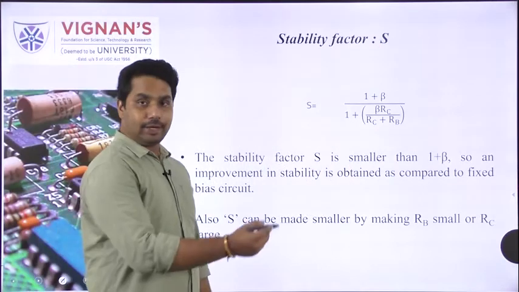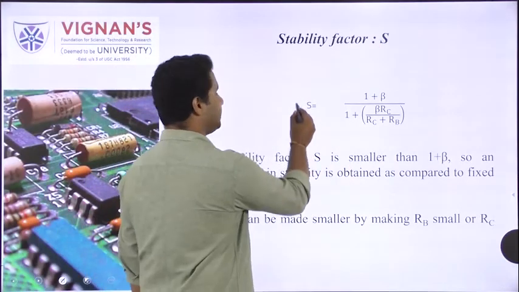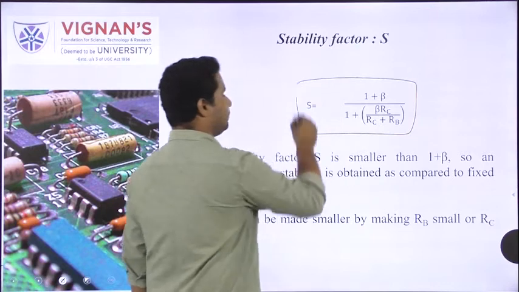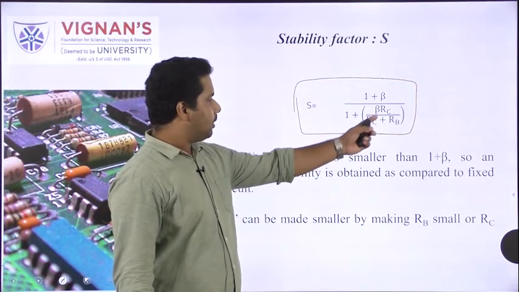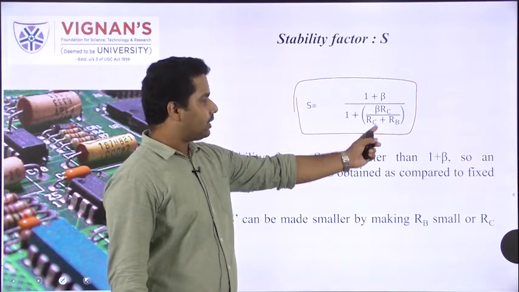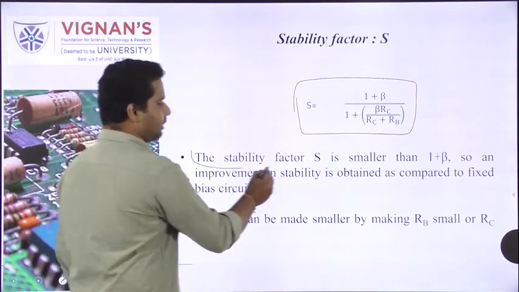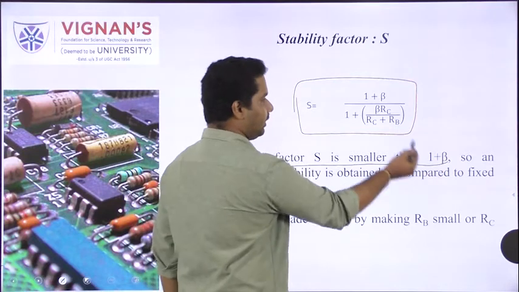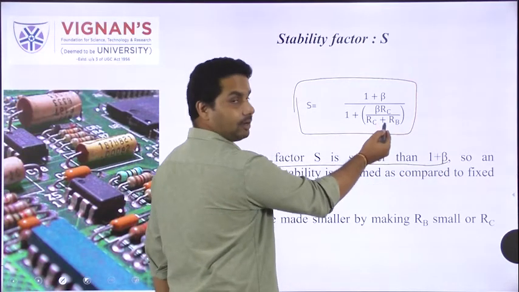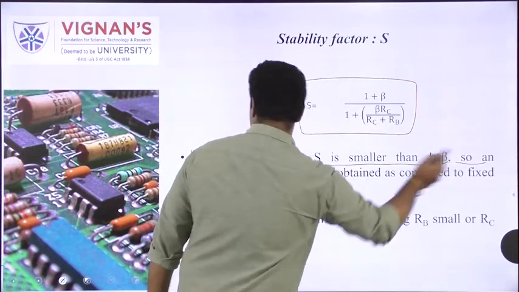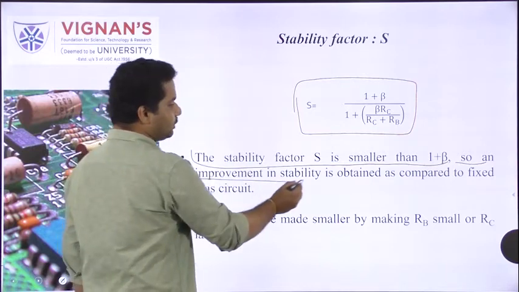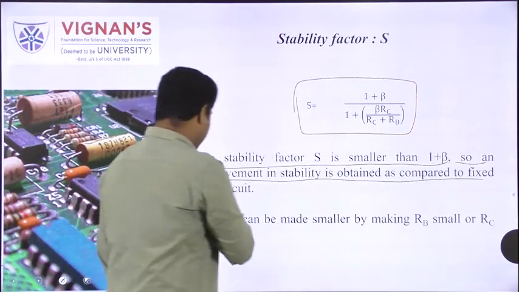So the stability factor for this collector to base biasing is what? 1 plus beta divided by 1 plus beta into RC divided by RC plus RB. The stability factor S is smaller than 1 plus beta, and it is very clear from this representation. So, an improvement in stability is obtained as compared to the fixed bias circuit.